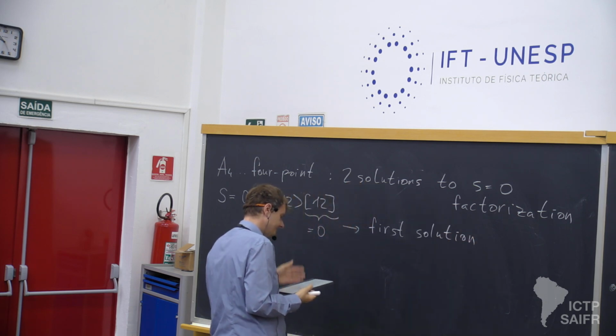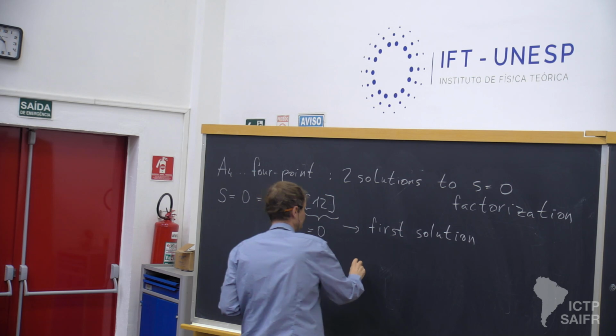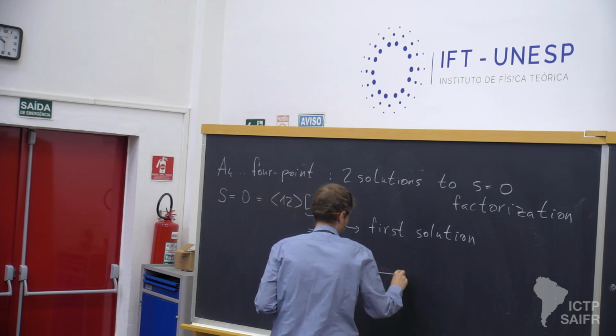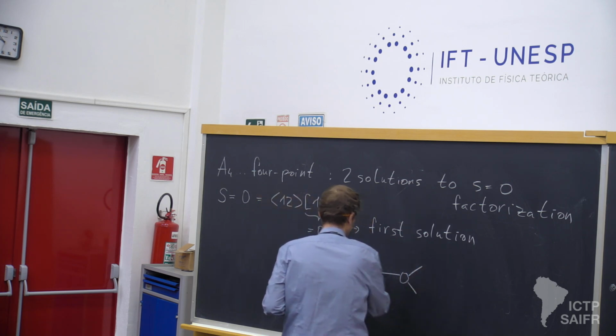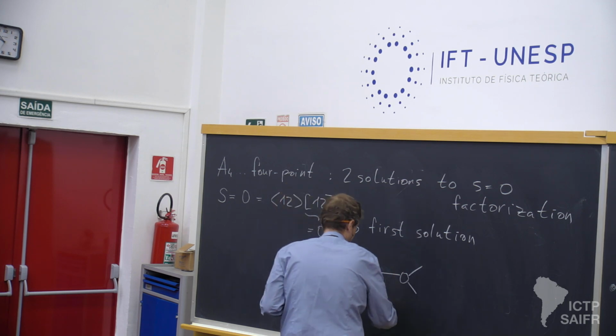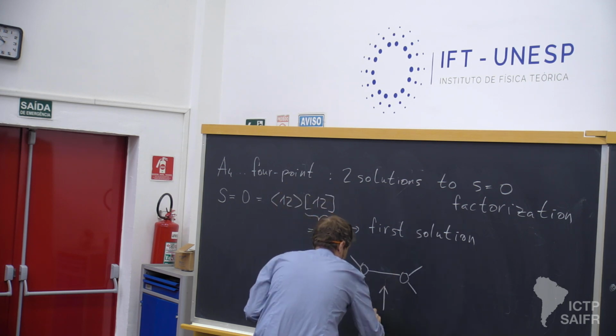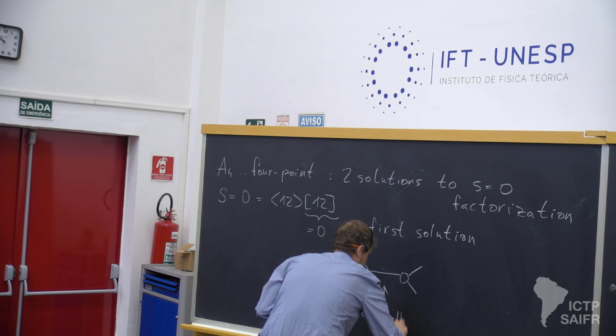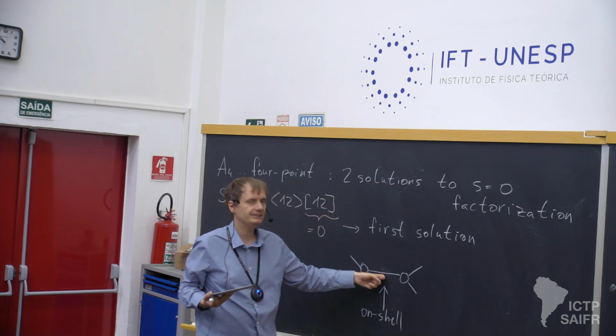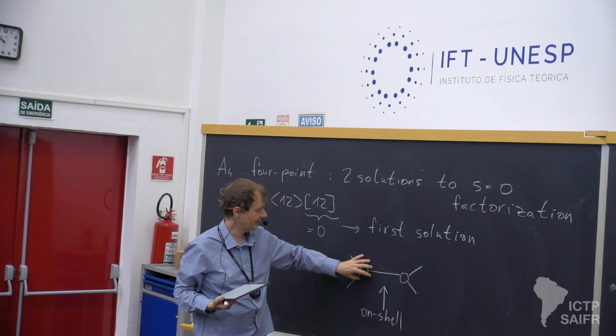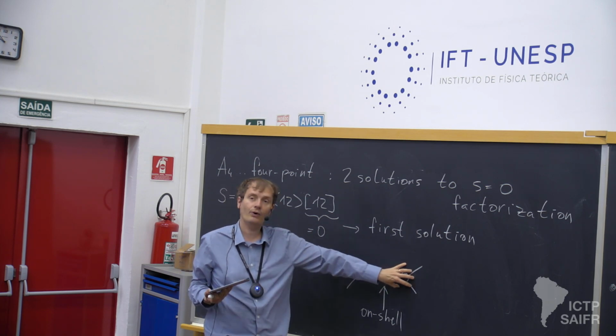What happens is that the amplitude must factorize into two 3-point amplitudes. And here, this is now an on-shell particle, an on-shell state with p square equals 0. So this is an on-shell 3-point amplitude, and this is an on-shell 3-point amplitude.